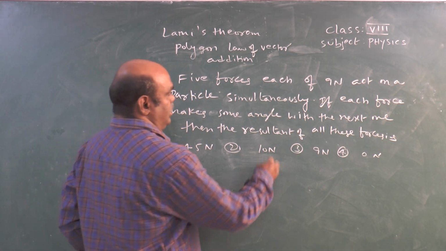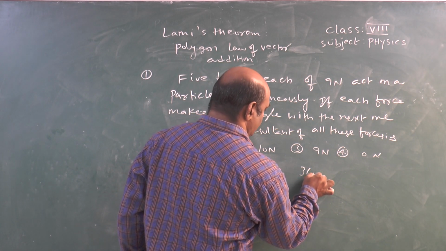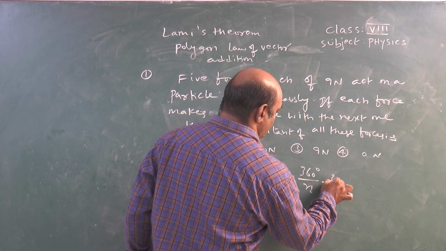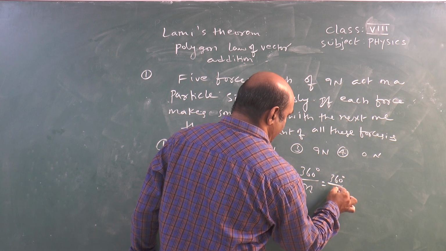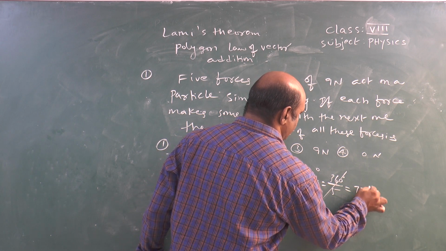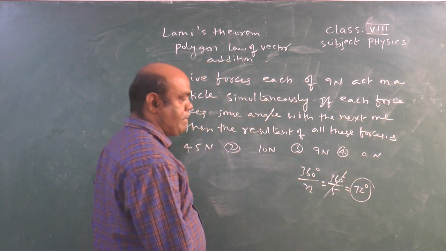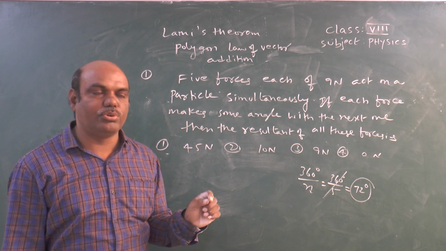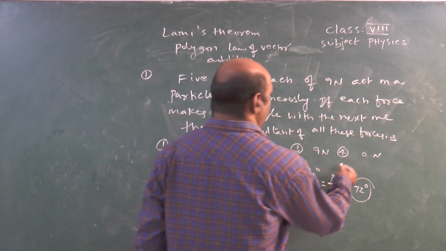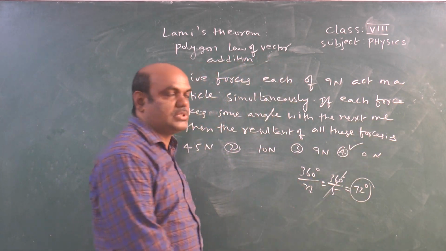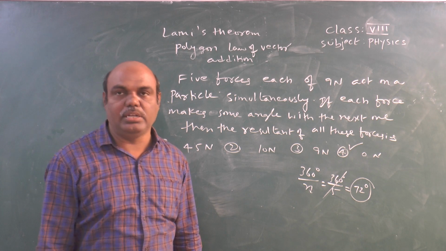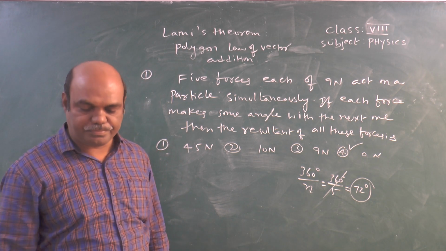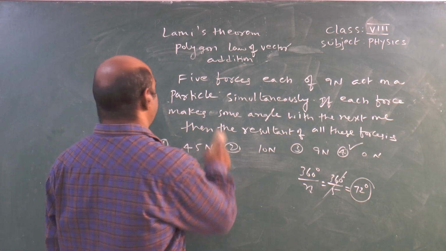So here, 5 forces, so 360 degree by n, 360 degree by 5 forces, so 72 degree we will get. If it is satisfying, that's why the resultant force acting on the particle is 0 Newton. So that is the first one.